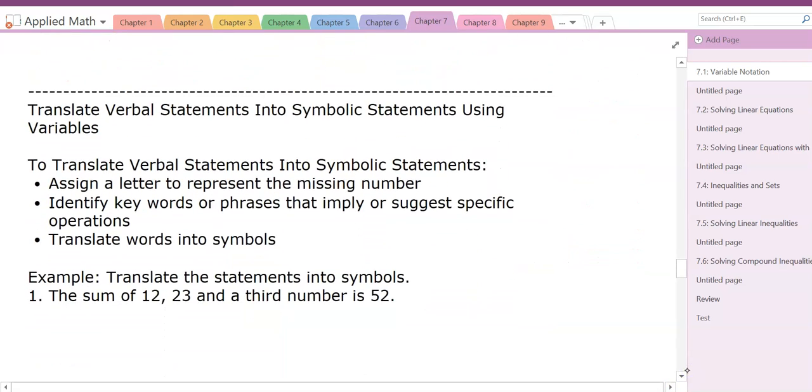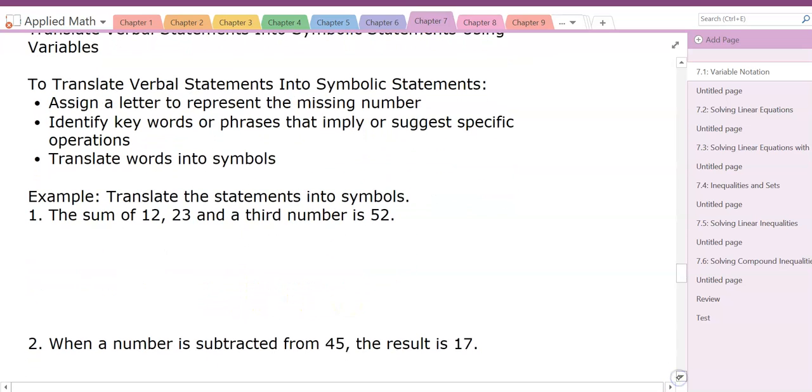The other thing that we can do is go the other way. Instead of writing out the sentence, we want to write out the equation based off of the sentence. This one says the sum of 12, 23, and a third number is 52. Let's break this down. Sum, that word means plus. So you're adding things here.